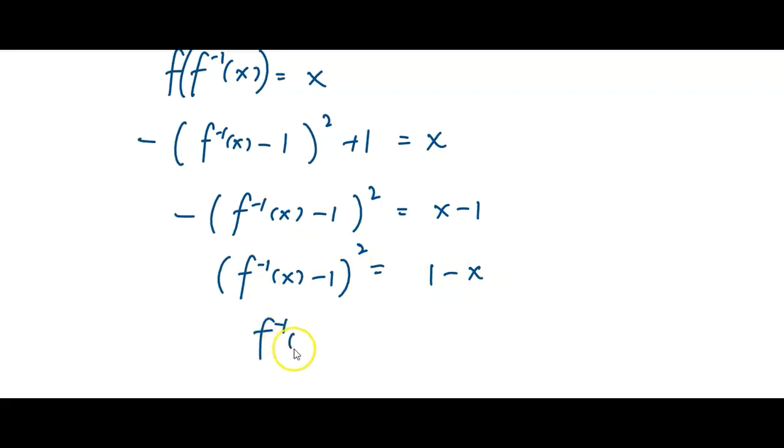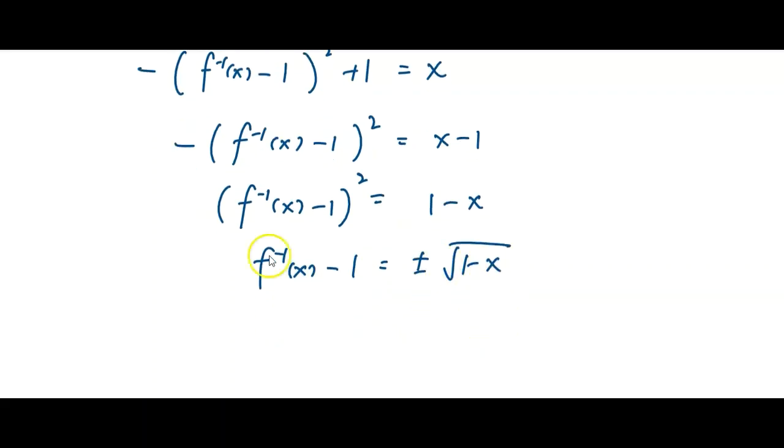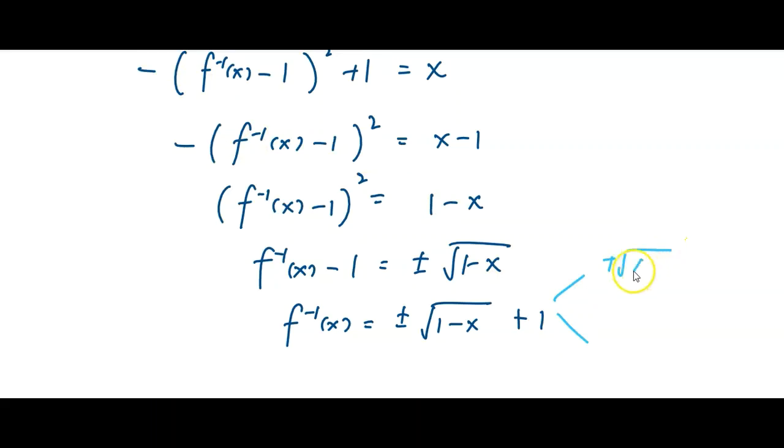To get your f inverse, I'm going to take the square root, positive or negative square root of 1 minus x. And f inverse will be equal to positive or negative square root of 1 minus x, plus 1. And again, this is not yet your final answer because we got two choices. One is positive square root of 1 minus x plus 1. The other one is negative square root of 1 minus x plus 1.